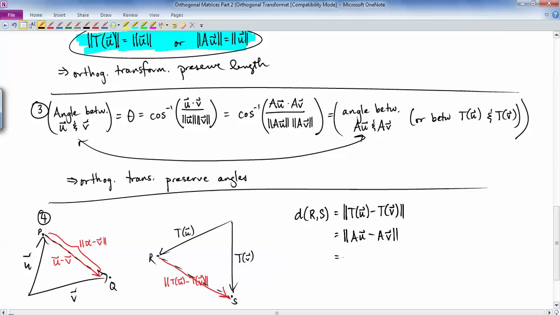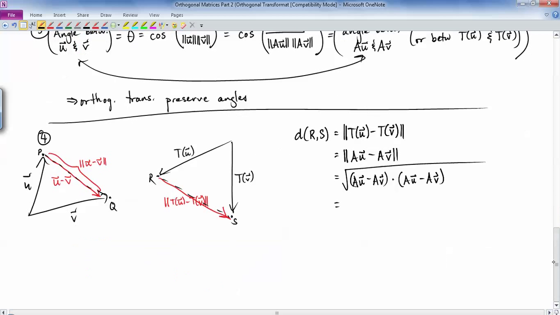And that is the same thing as the square root of this vector, AU minus AV, dot itself. And then if I do a little dot product distribution using the rules that we know, then we're going to get AU dot AU minus AU dot AV minus AV dot AU.